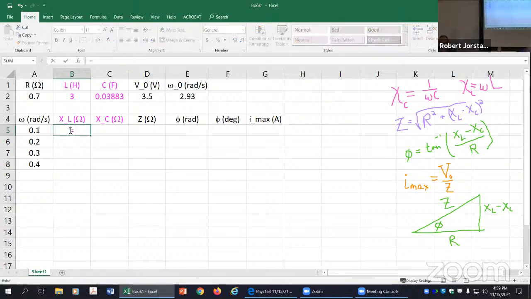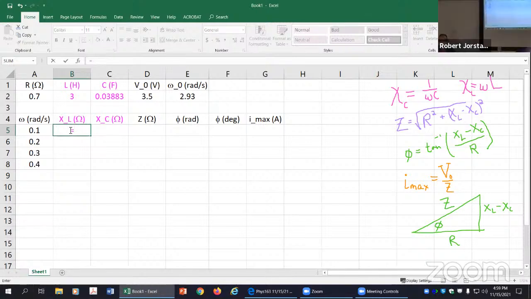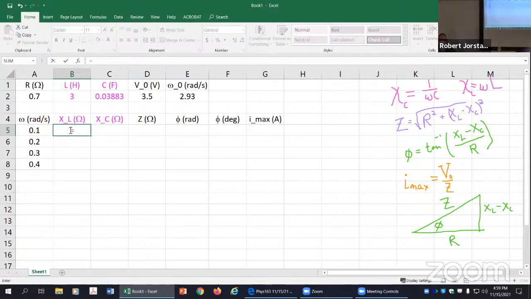For X sub L, what do I need to type? It is A5 times B2. Not omega naught, A5.